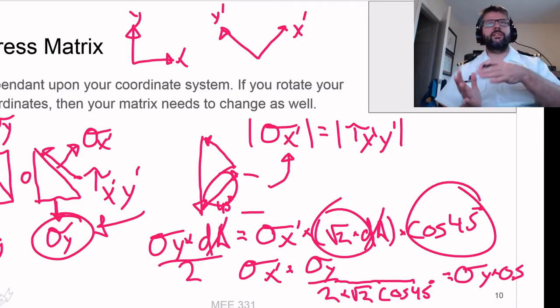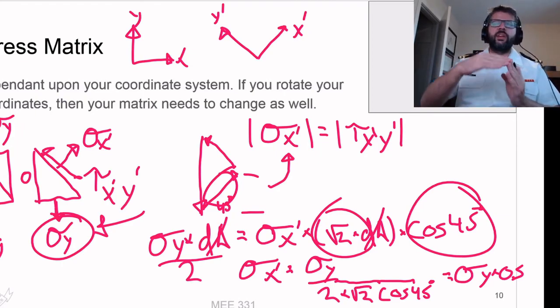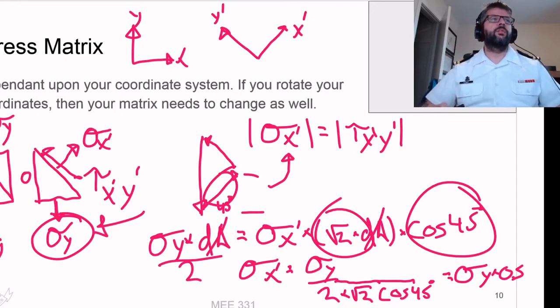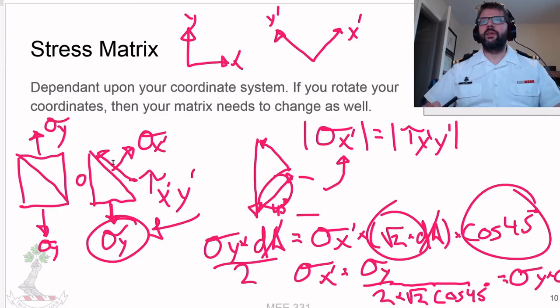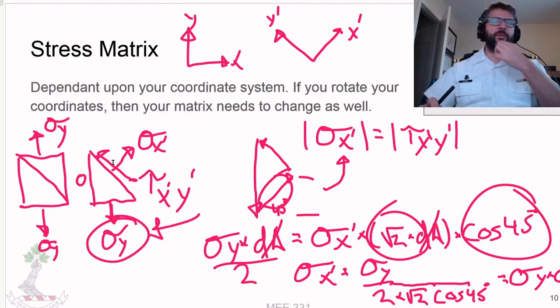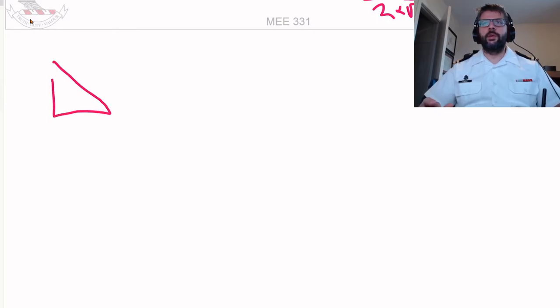So that's the variation we get when we rotate our frame of reference. That would be what we need to have for that triangle. Now, we know what we need for this triangle. Well, guess what?